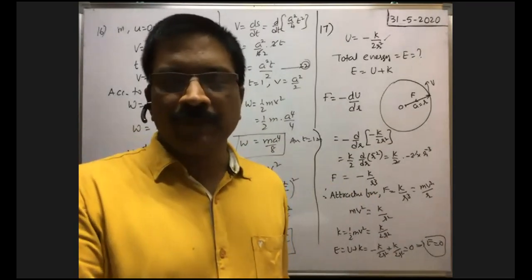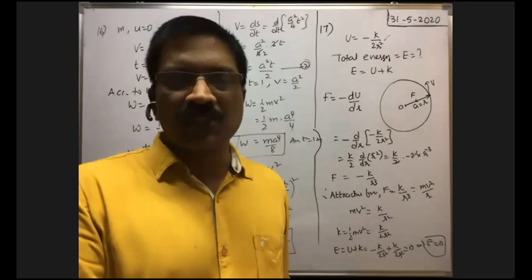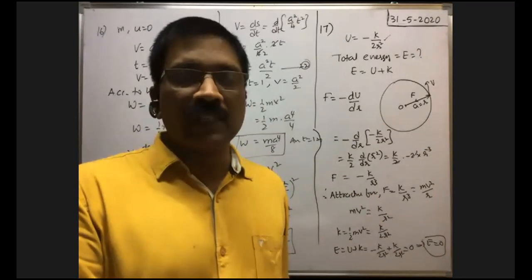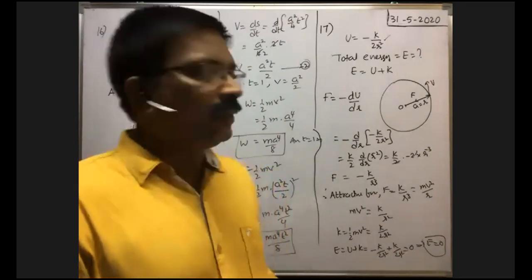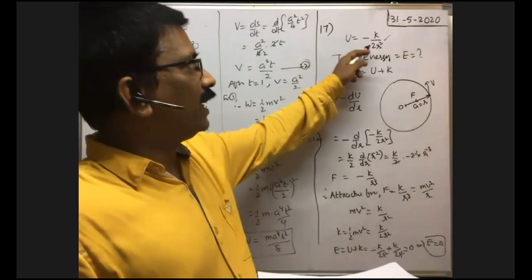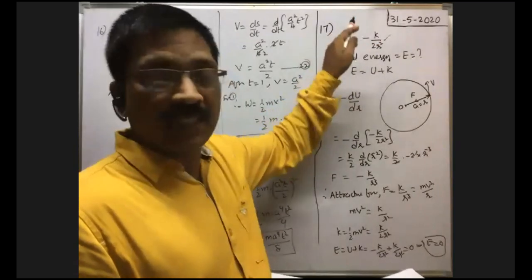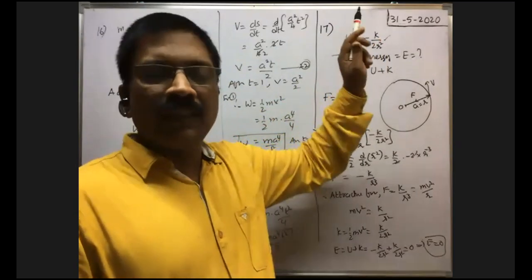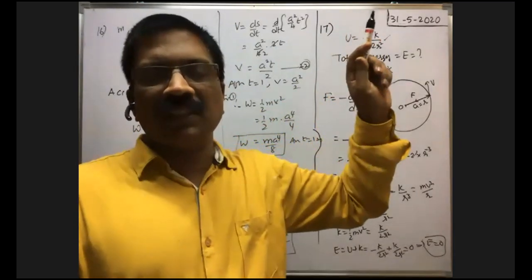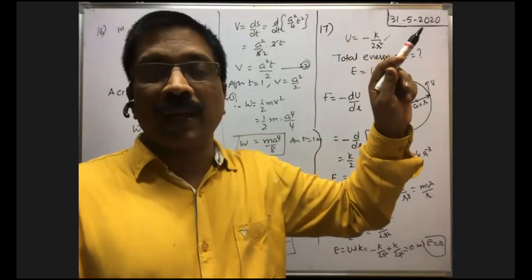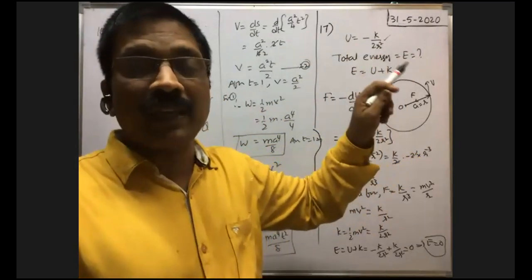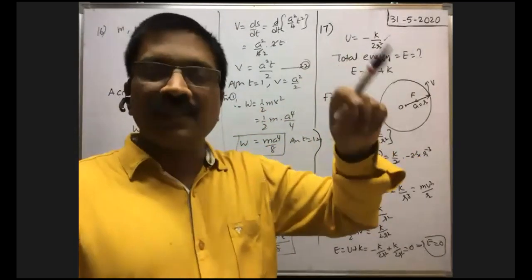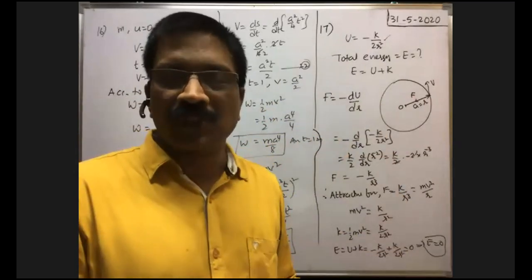Kinetic energy is equal to half of the potential energy numerically. That is applicable only in the case of satellites, where the potential energy varies with distance according to the equation minus GMm by r, that means minus k by r. In such a case, kinetic energy is equal to half of the potential energy numerically.